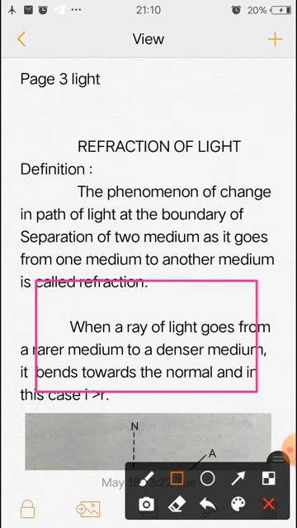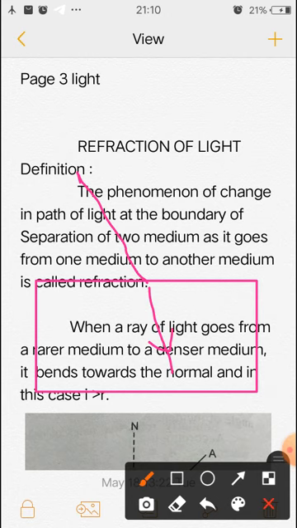So consider a light ray traveling and incident on the surface, and after refraction it changes its direction. So this phenomenon is called refraction.